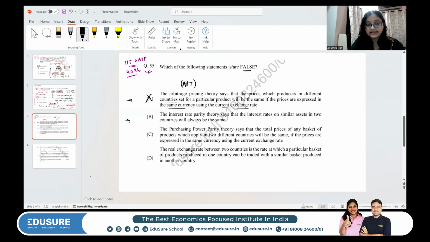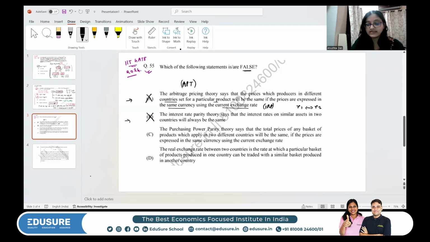The second option says the interest rate parity theory says that the interest rate on similar assets in two countries will be the same. This is also incorrect because interest rate parity, IRP, basically tells you that the difference in the rate of interest in two countries can be offset by the expected value of the exchange rate.